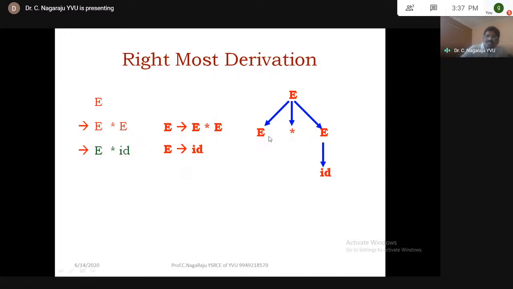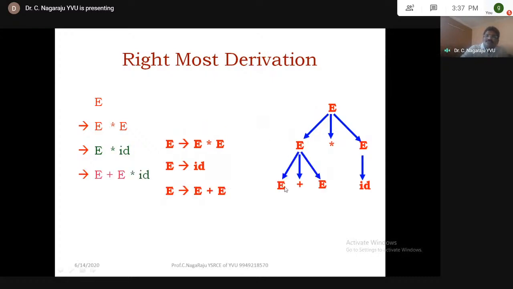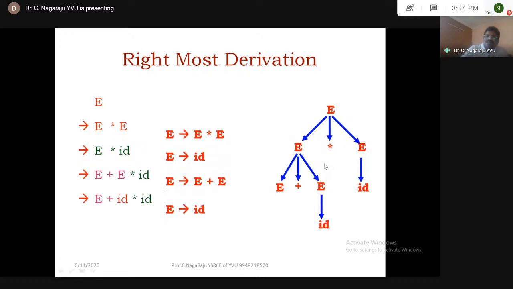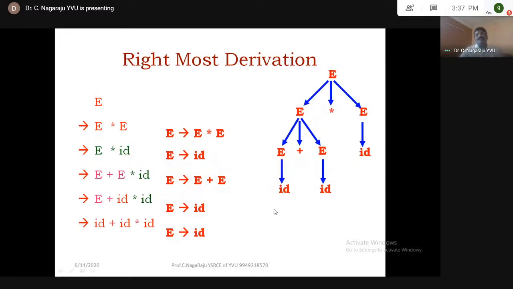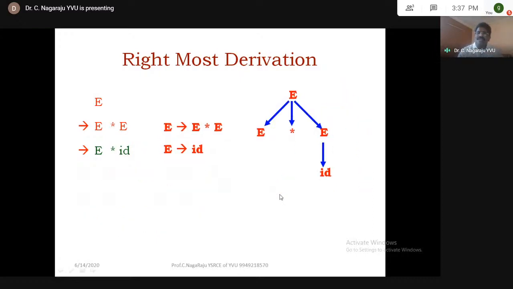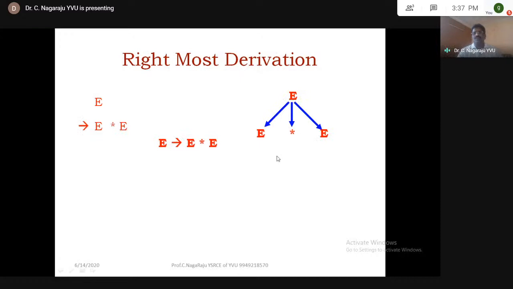Next this E is replaced with E plus E. After that this E is replaced, from the right side, not the left side. This is replaced with ID and the last one is this one. So this is the rightmost derivation. Once again you see that. This is the root and here is the first derivation we are writing.